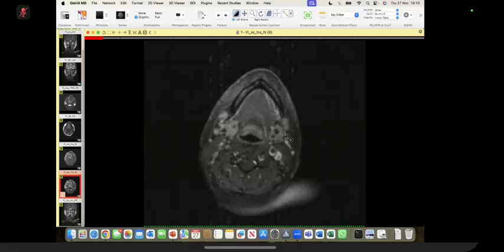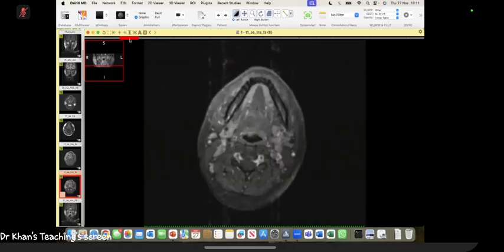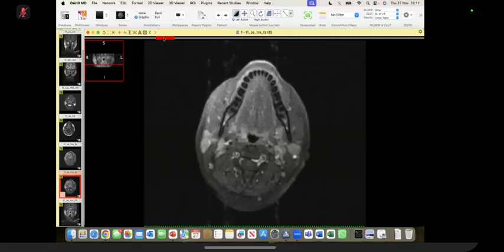Yes, bilateral submandibular glands also demonstrate cystic areas of almost similar appearance. However, this cystic area also does not show any significant enhancement. In my routine practice, I also would like to see if there's an involvement of the lacrimal gland as well.